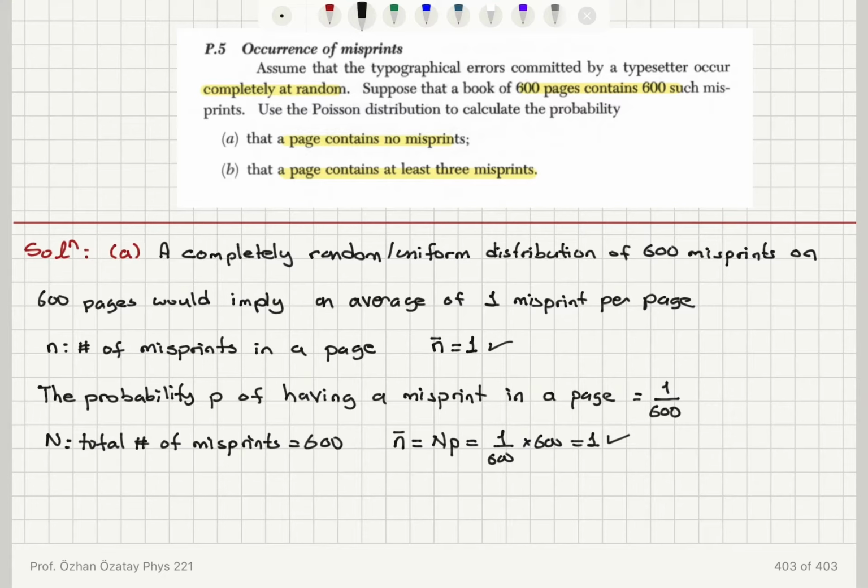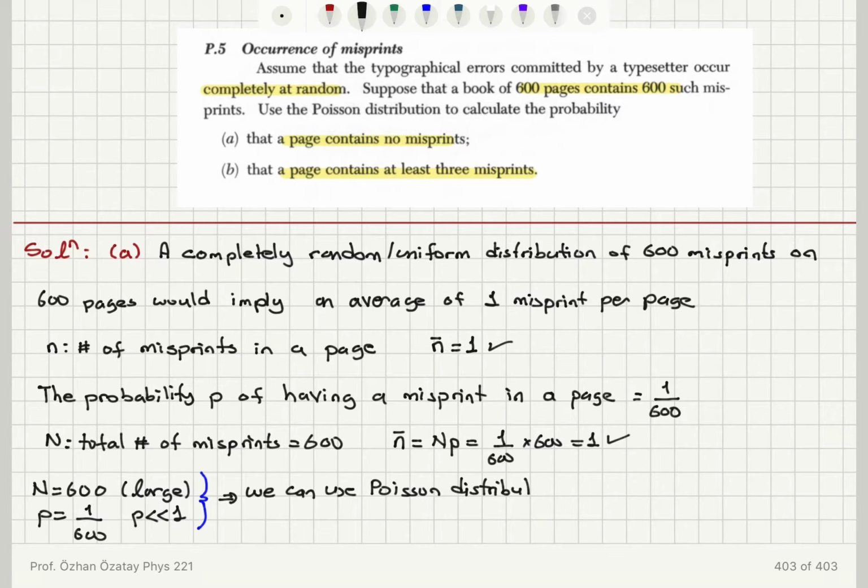So with this, I have capital N equal to 600, a large number, and P equal to 1 over 600, so P is much less than 1. With these two, I conclude that we can use the Poisson distribution. Therefore, we can answer the question: what is the probability that a page contains no misprints?